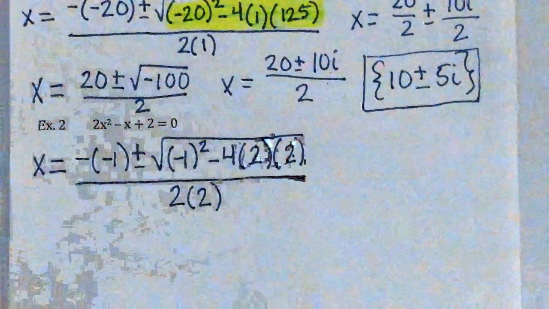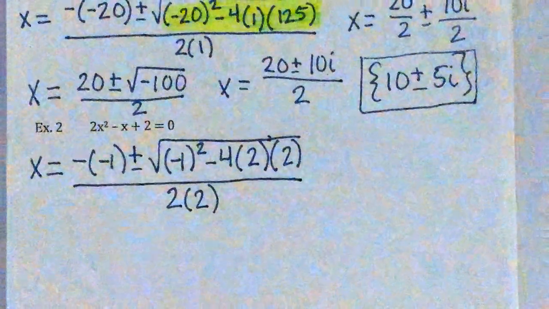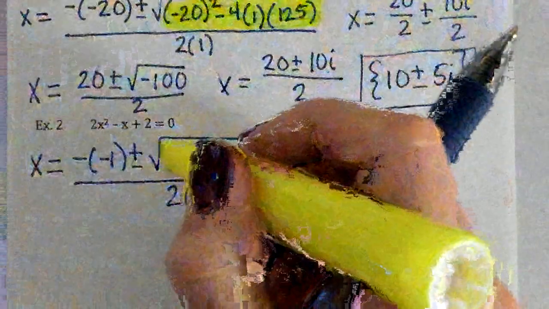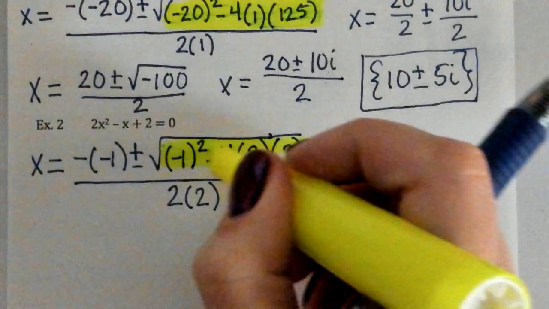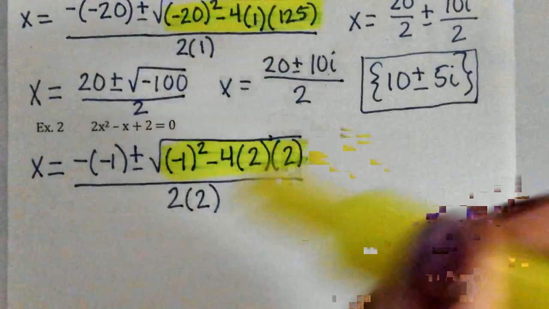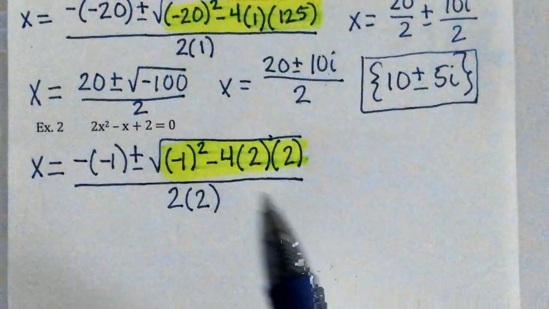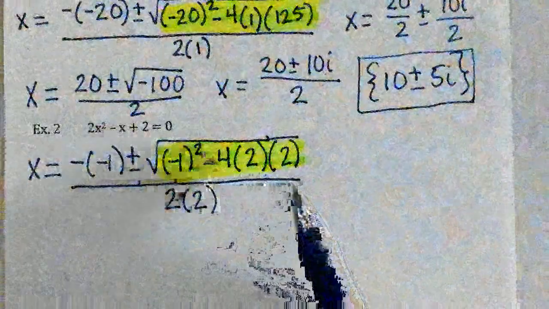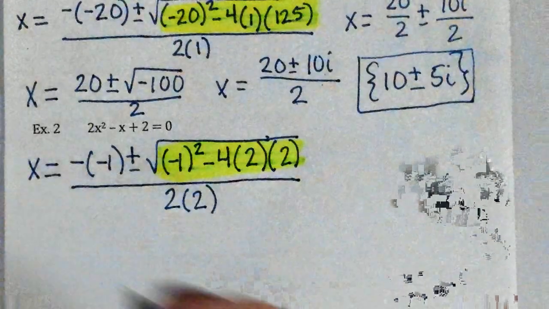All right. And then we can type in our discriminant, although I could probably figure this one out mentally too. Yeah, it's 1 minus 16, so it would be negative 15.